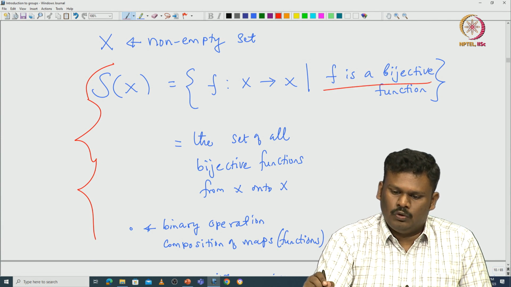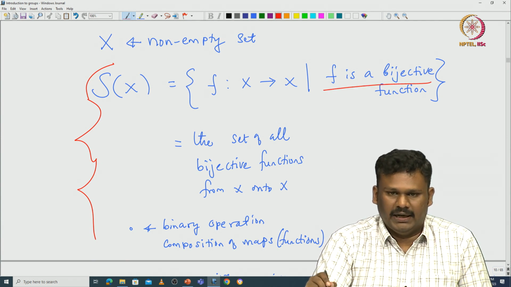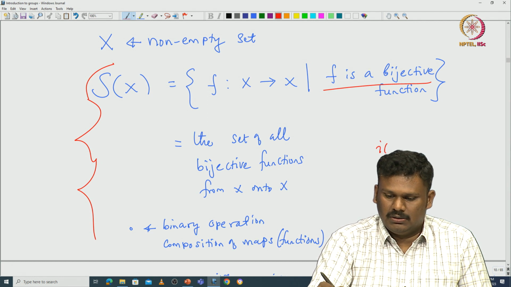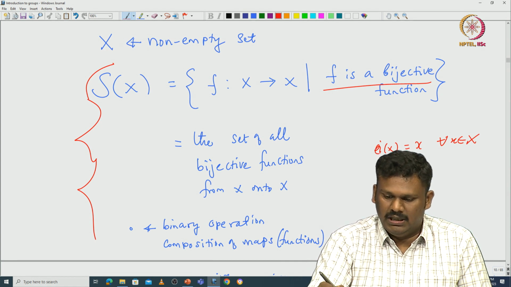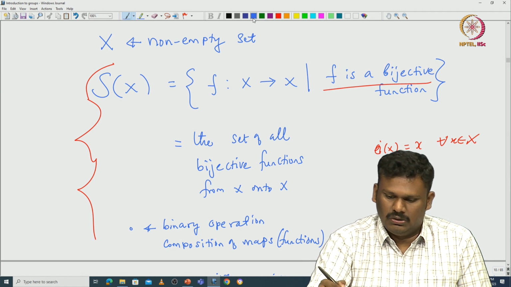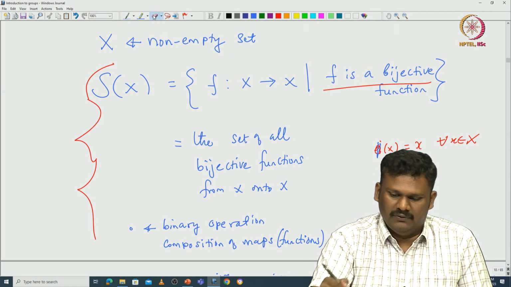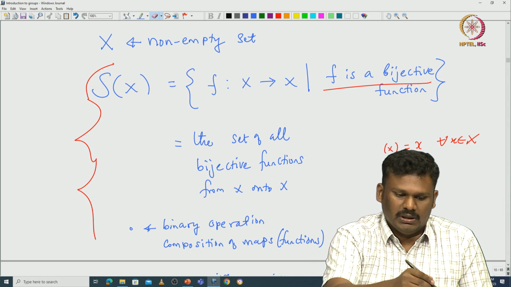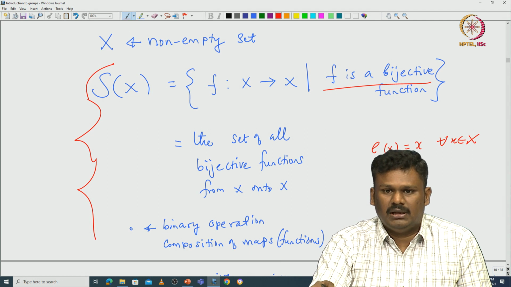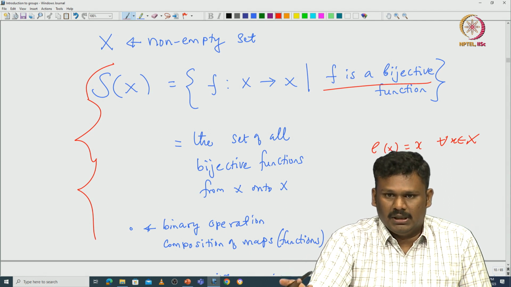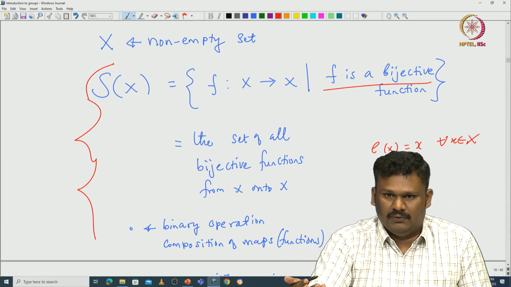Composition of two bijective functions is bijective, and the identity function is defined as x goes to x for all x in capital X, which you call E. The inverse function is very clear: given a bijective function you can define its inverse. Associativity comes for free because you have associativity for composition of functions.